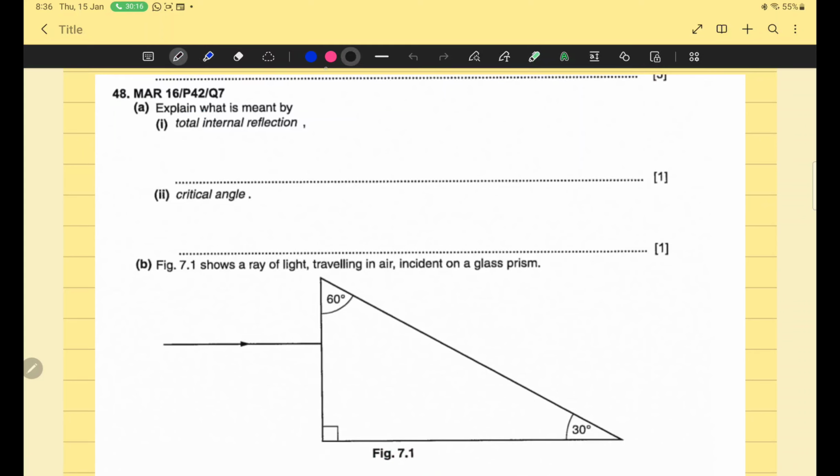So I am writing the answer. What is meant by total internal reflection?